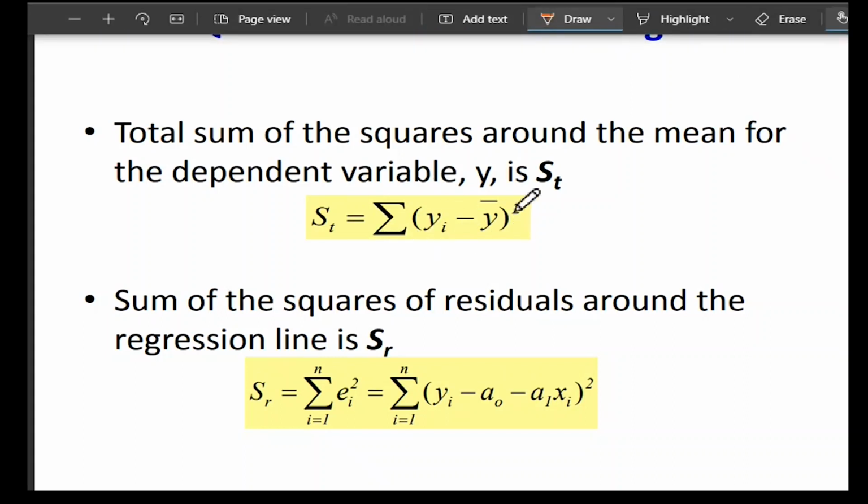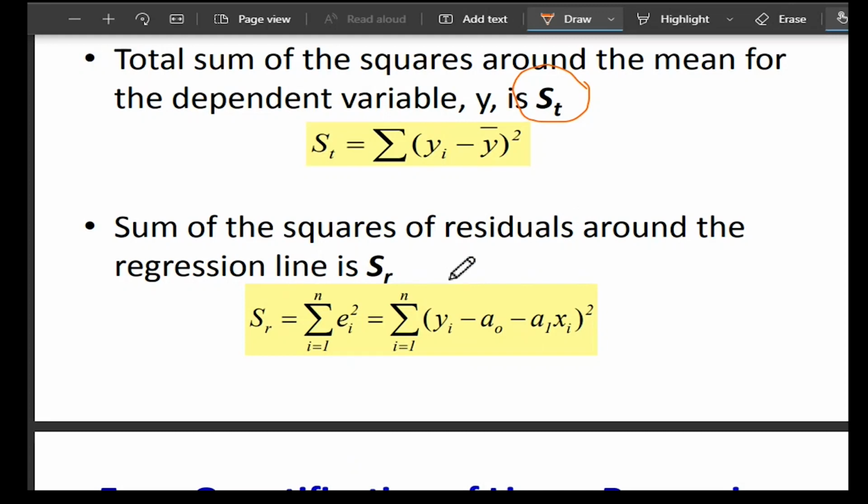Kita cari difference dia, kita kuasa 2 kan, cari summation dia, kita akan dapat nilai ST. Okay, kalau kita cari square bagi residual nilai E kuasa 2, kita akan dapat nilai SR.